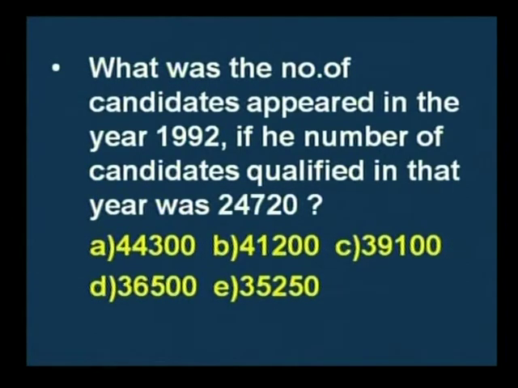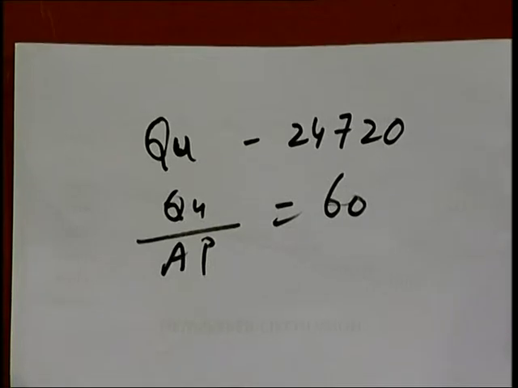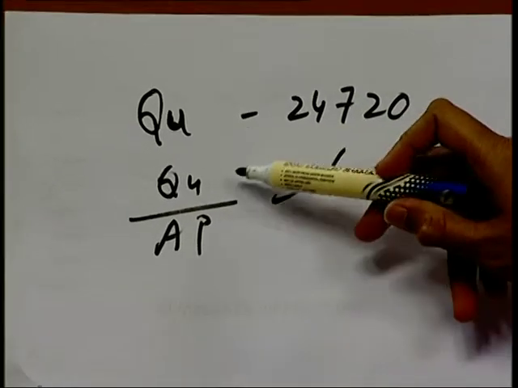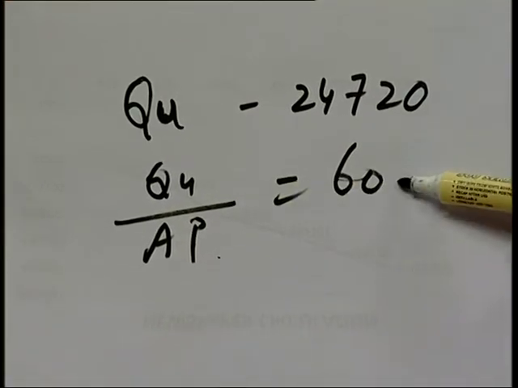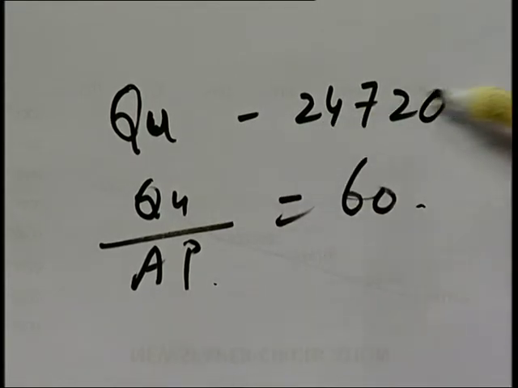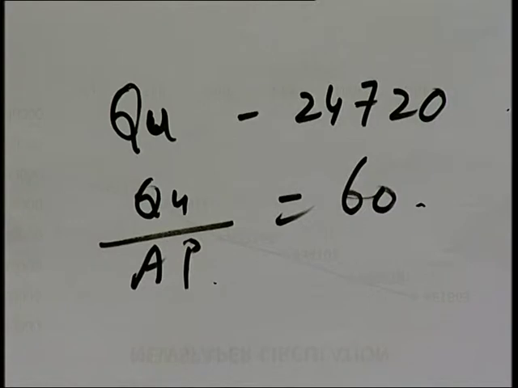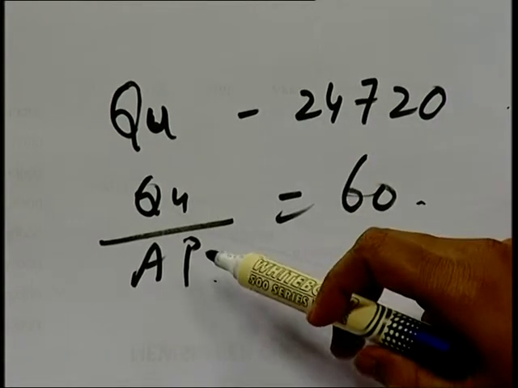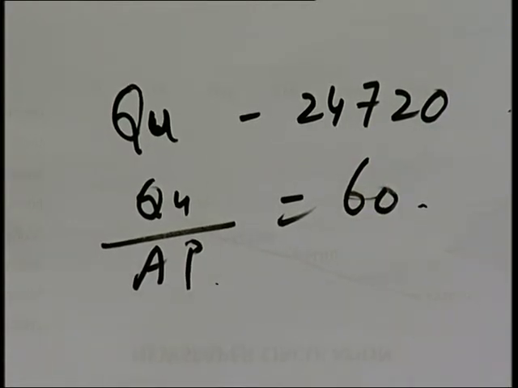Qualified to appeared is 60. So somehow it looks like this. Just look at this sheet again. Qualified by appeared is given to be equal to 60. దీంట్లో ఈ క్వాలిఫైడ్ ఫిగర్ మనకి ఇచ్చాడు 24720. దీని నుంచి appeared అన్న ఫిగర్ని మనము కంప్యూట్ చేయాలి.